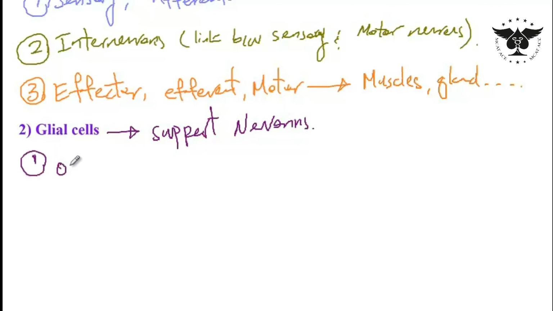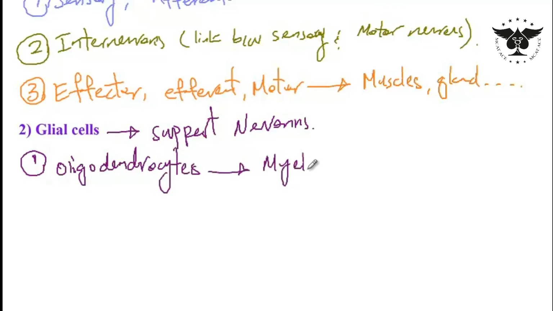Number one is oligodendrocytes, which will myelinate the central nervous system, like brain and the spinal cord.